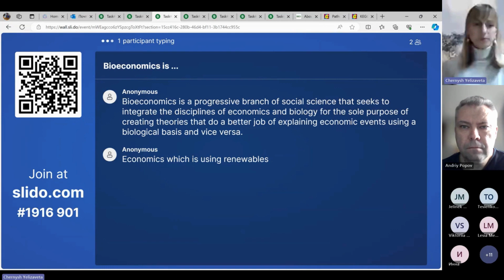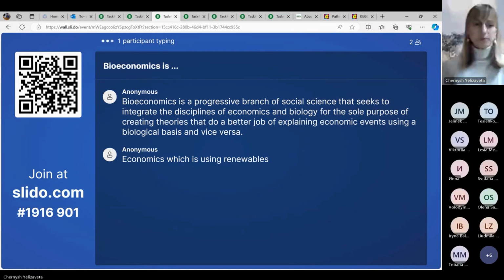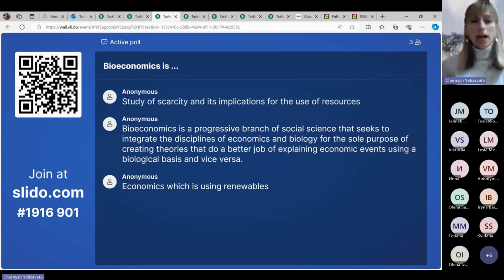Okay, I see. So now we see a difference in the type of definition, thinking about bioeconomics as economics which uses renewables, in connection with the application of resources, and as a branch of science that integrates economics and biology, for the sole purpose of creating theories for a better job of explaining economic events using a biological basis and vice versa.